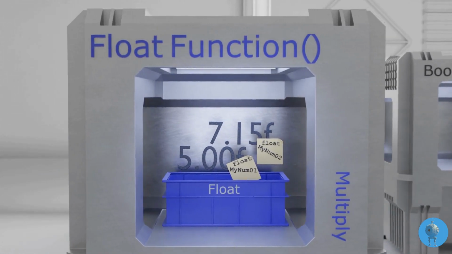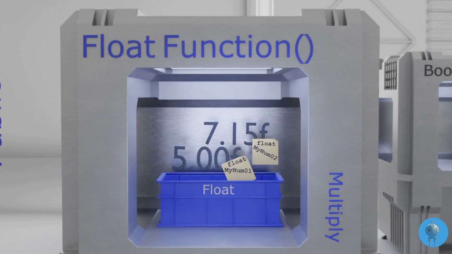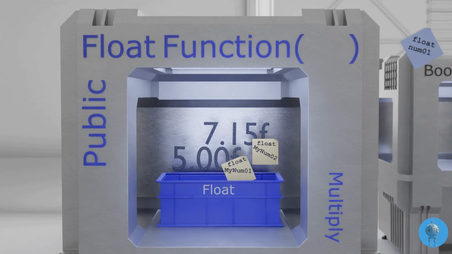And we want everybody to be able to use this function, so we make it public. So everybody can insert different numbers into this machine, no restrictions, and even people from other factories can use this function when they please. For the machine to operate, the inner workings of the machine, we need to add 2 additional float values with unique names, and these are only used for the internal processing of the machine.